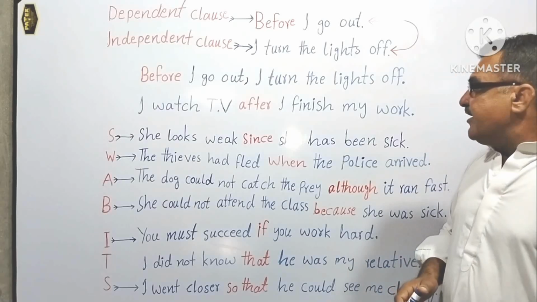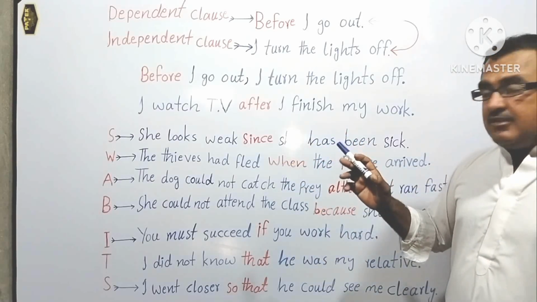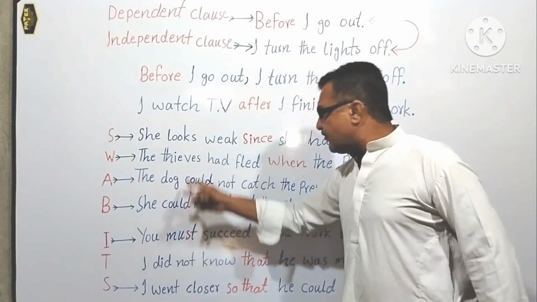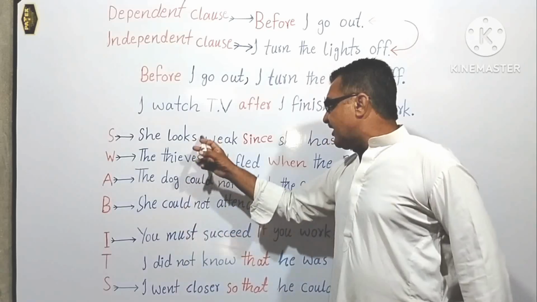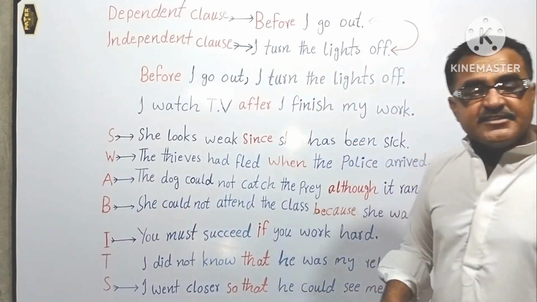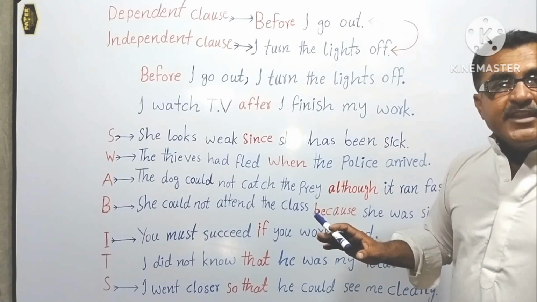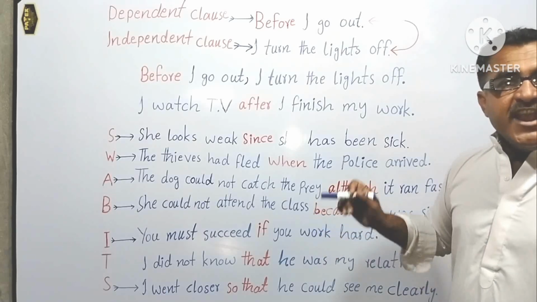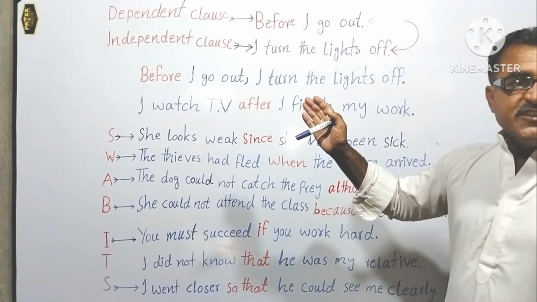But when your independent clause goes first, like these, all of these are independent clauses, then in this case you don't need any punctuation, except when your dependent clause comes first.